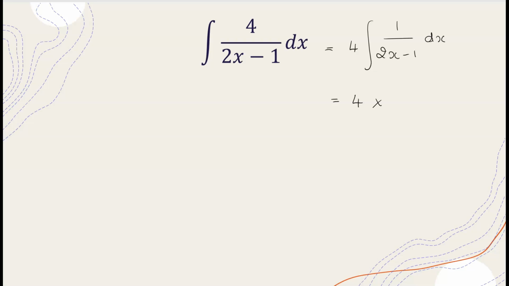And then it's natural log of 2x minus 1. But if that were the case, then we'd have a 2 on the top. So we need to divide by 2 or multiply by a half. Could divide by 2. And then we'd get 2, put my plus c, we'd get 2 natural log 2x minus 1 plus c. So that's just a little bit of tweaking.